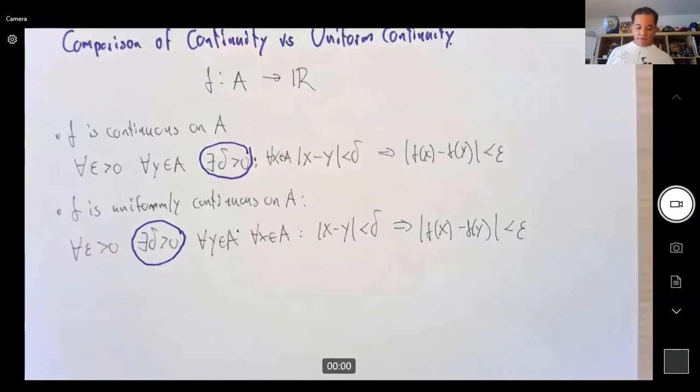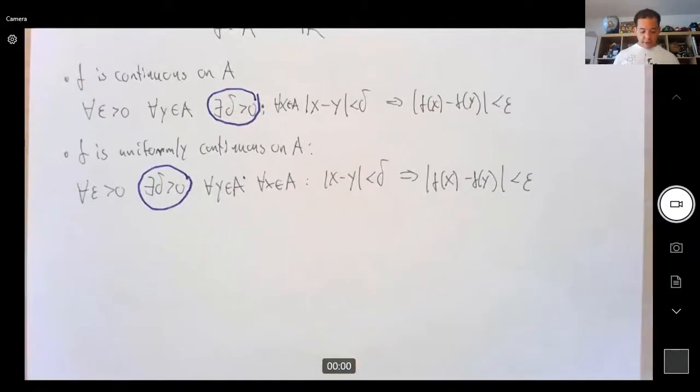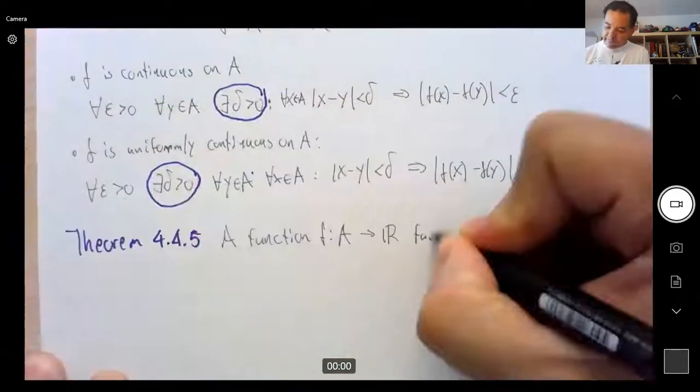All right. So first, let's talk about how we can show something is not uniformly continuous. All right, so this is theorem 4.4.5.